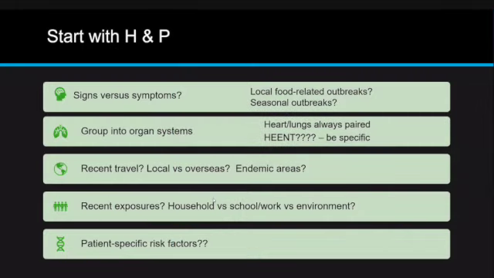Okay. I'm going to cruise through this pretty quickly because this is kind of getting into the clinical medicine side of things. But again, you always start with your H&P. Okay? And so what's your patient's symptoms? What kind of signs? Always look at your vital signs. That can give you a clue as to whether something's systemic or local.